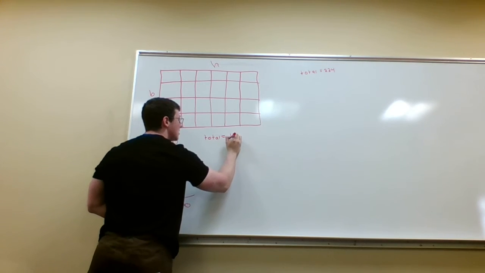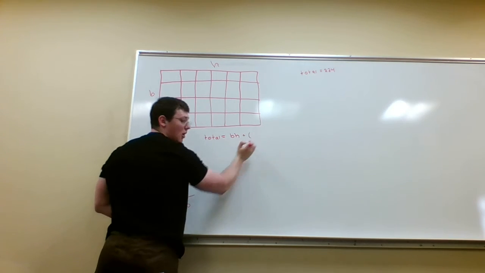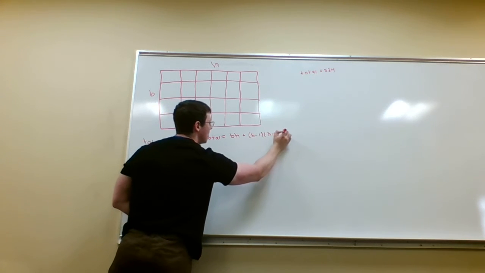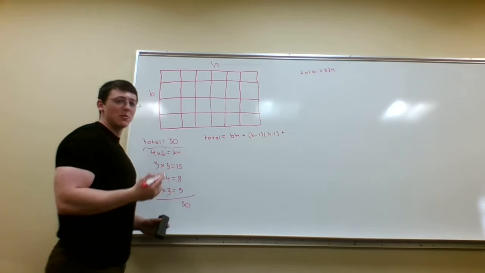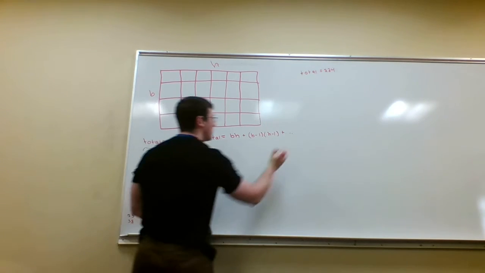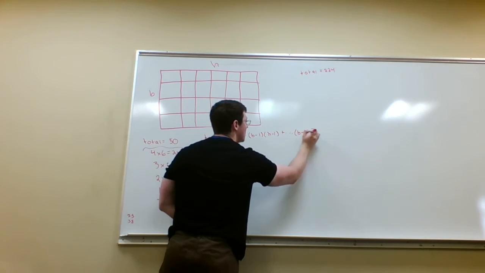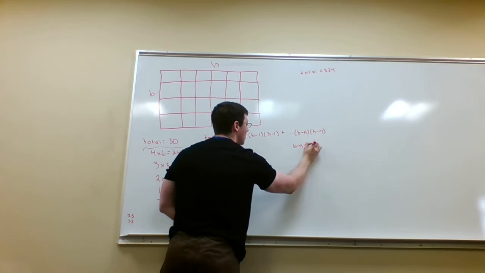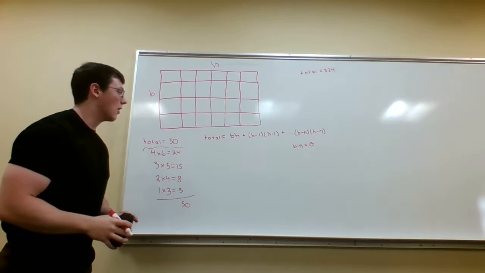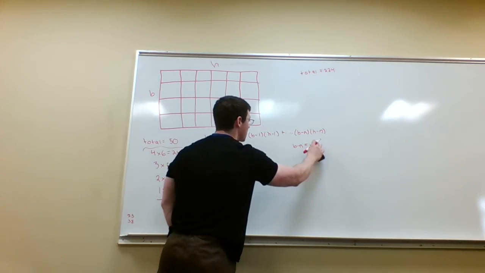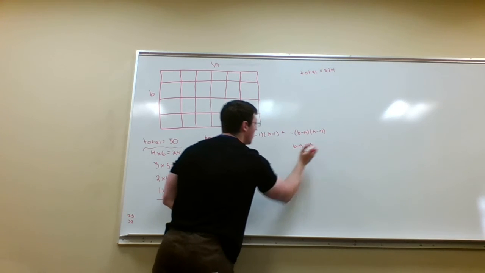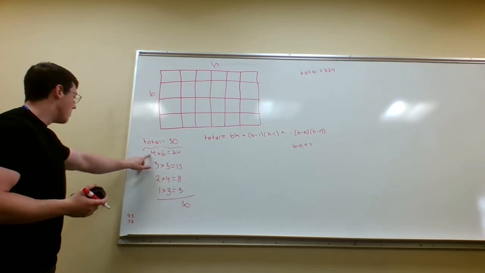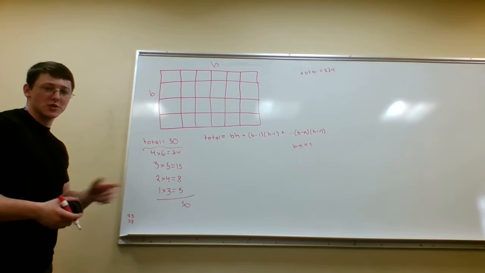So the total equals the base times the height plus the base minus 1 times the height minus 1 plus the base minus 2 times the height minus 2, and so on, to b minus n times h minus n, where b minus n equals 1. That'll make it a lot easier to do. If you see, that's the exact form that we used to calculate it here: base times height, 4 and 6, base minus 1, base minus 2, base minus 3, and so on.